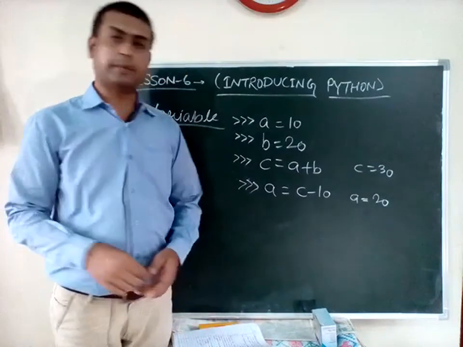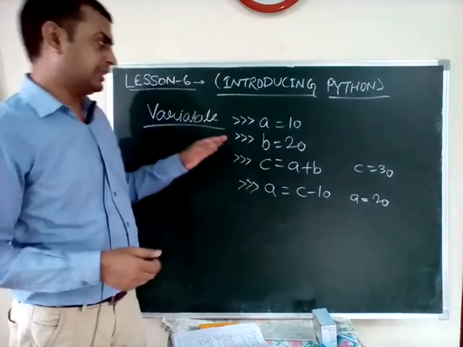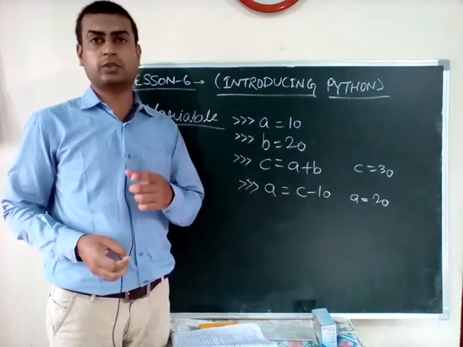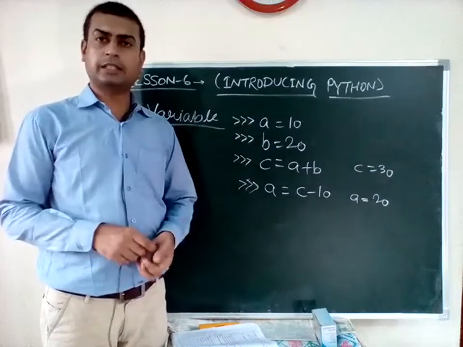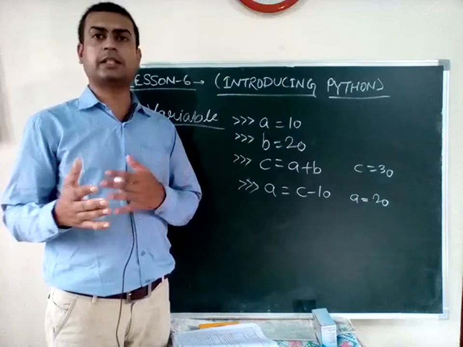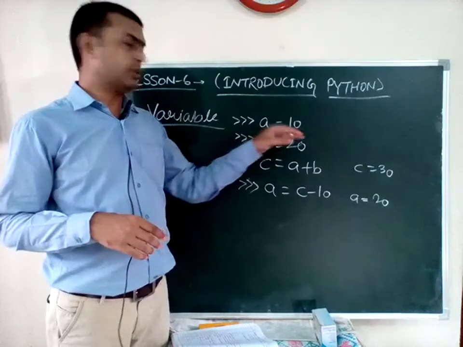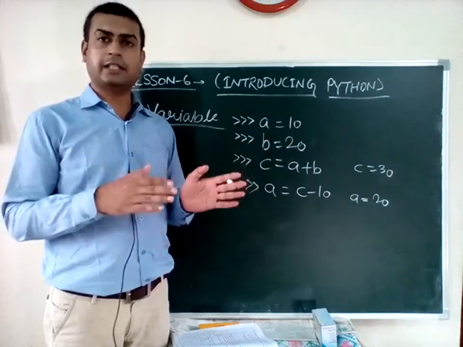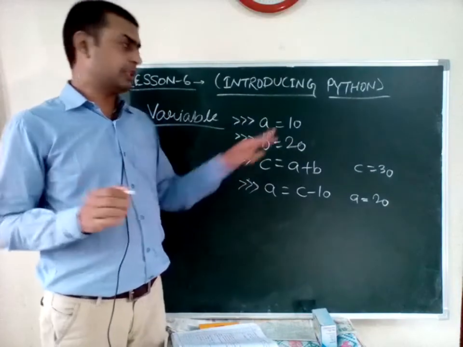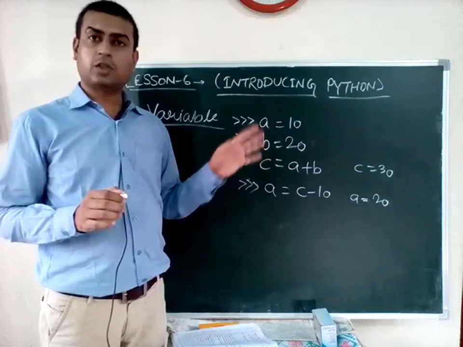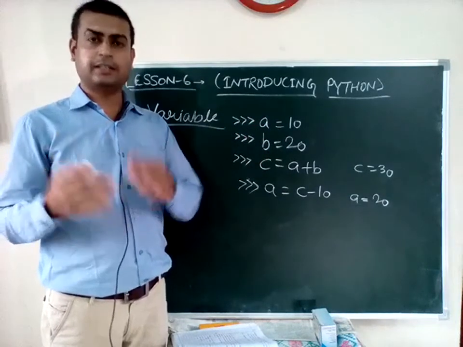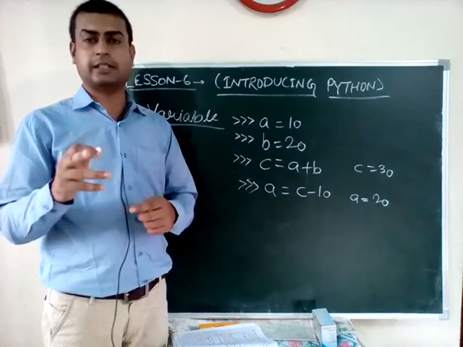The assignment operator. In this we have seen this single equal to. In maths you use single equal to to mean the left hand side is equal to the right hand side. You can see here a is equal to 10, meaning left side is equal to right side. But in Python, this equal to symbol is called the assignment operator, meaning whatever you write on the right hand side will be copied to the left hand side.